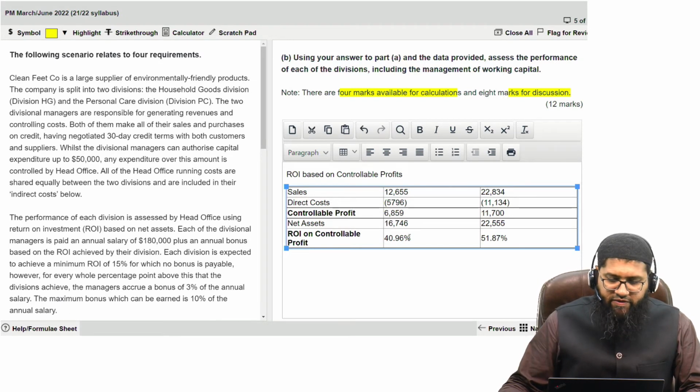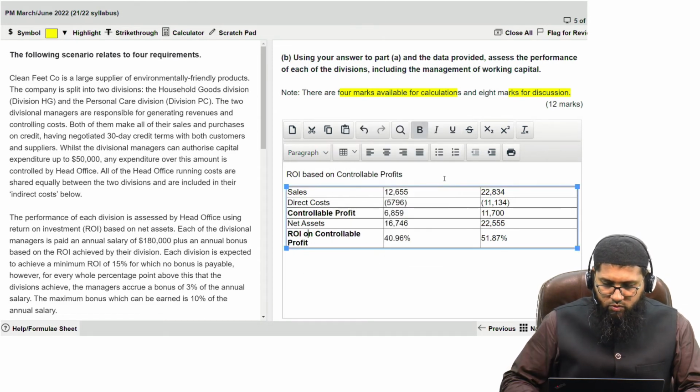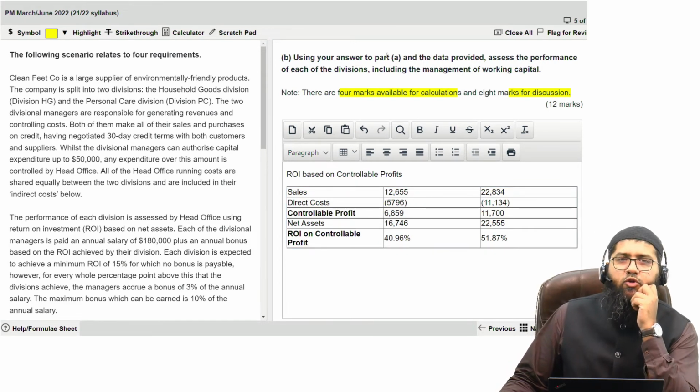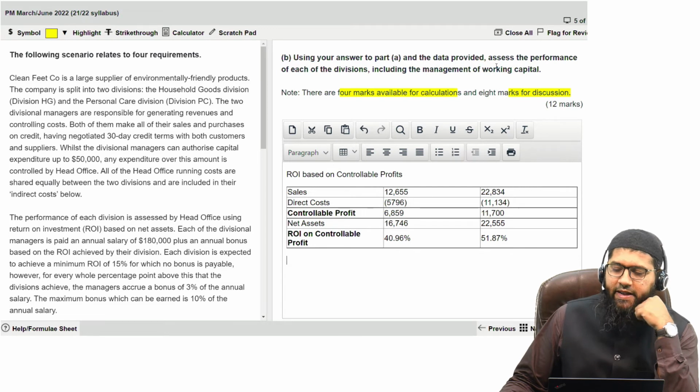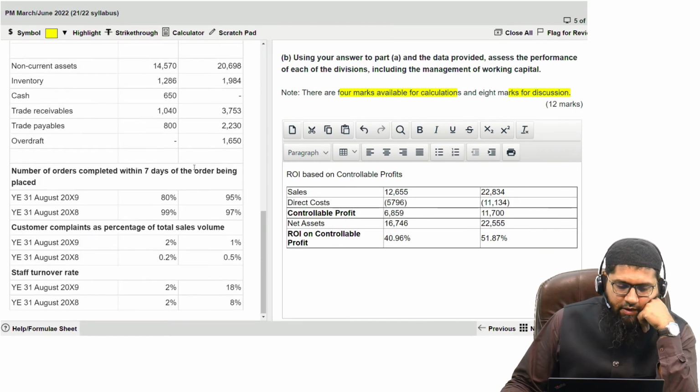Now, what is it that we need to do? Just try to understand. The requirement is using an answer to part A and the data provided, assess the performance of each division including management of working capital.